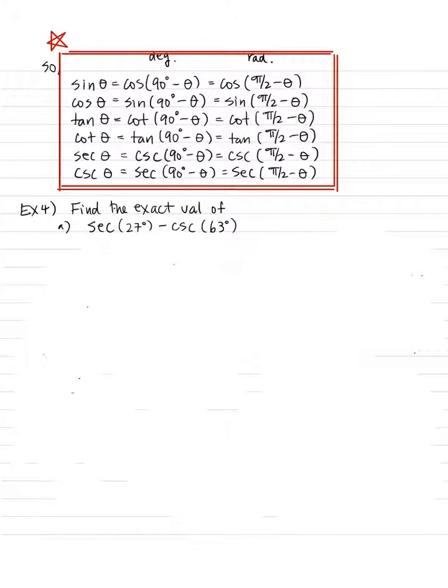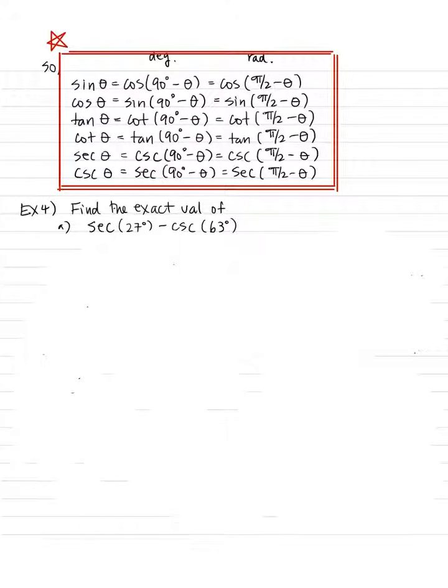So that's equivalent to saying cosine of pi over 2 minus theta. Now cosine of theta, the cofunction of that is sine of theta. So cosine of theta is sine of 90 degrees minus theta. That's equivalent to sine of pi over 2 minus theta in radian measure.